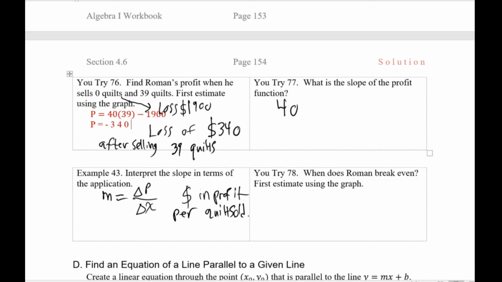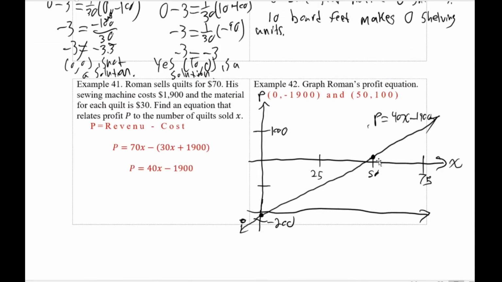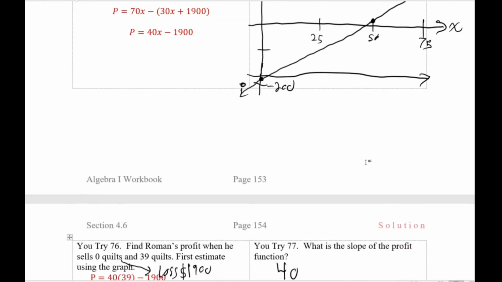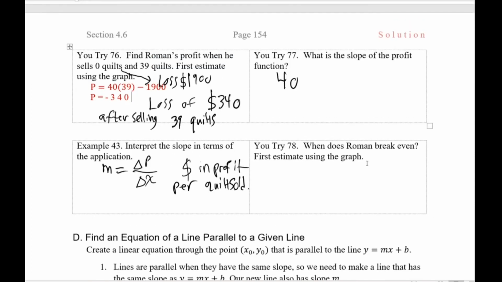When does Roman break even? First, estimate using the graph. He breaks even when he earns 0 profit, which appears to be around 47 or 45. Let's figure that out. When will P equal 0?